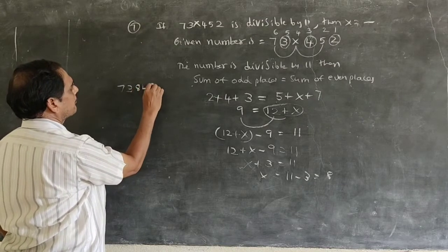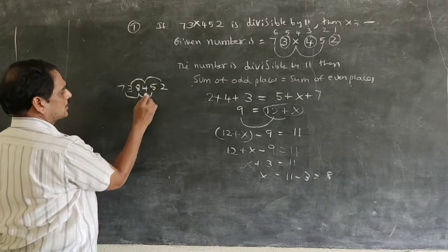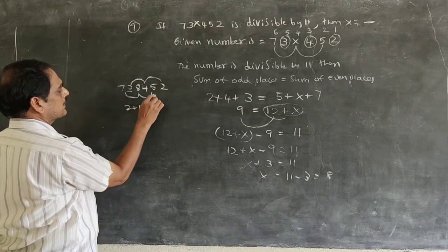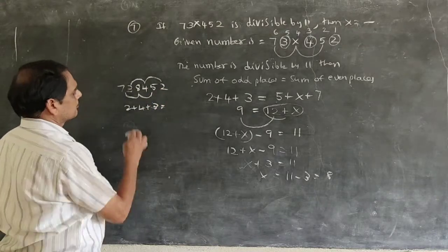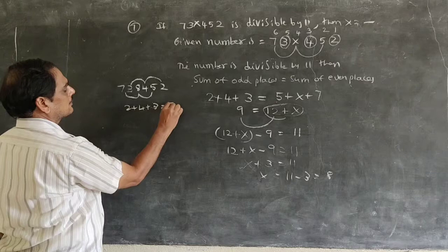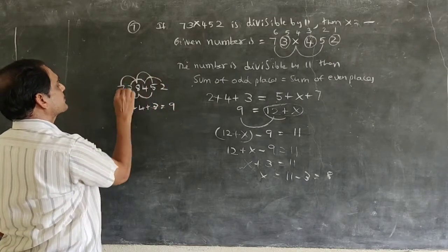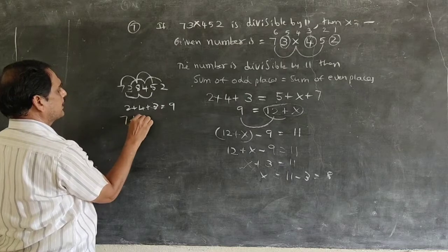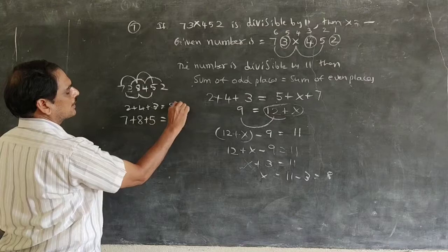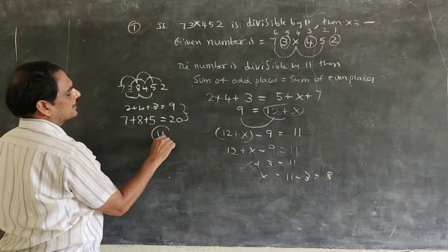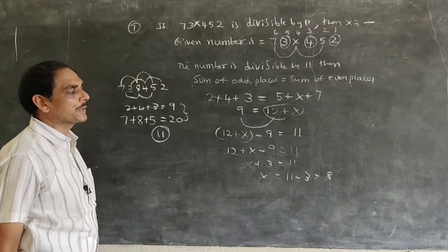Odd places: 2 plus 4 plus 3 is 9. The remaining are 5, 8, 7: 7 plus 8 plus 5 equals 20, and the difference between them is 11, which is a multiple of 11. So the given number is divisible by 11.